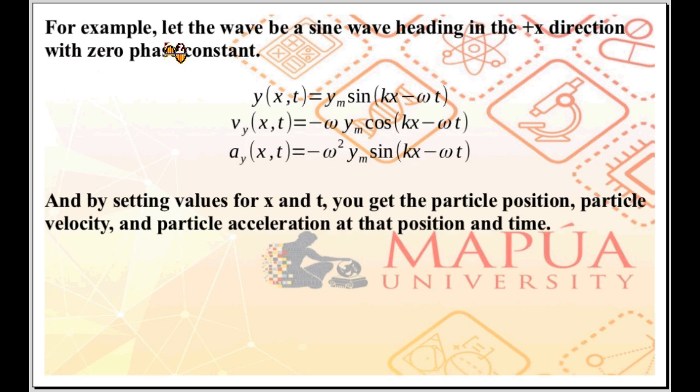For example, let the wave be a sine wave heading in the positive x direction with zero phase constant. For this wave, the wave function is given by y of xt is equal to ym sine of kx minus omega t.